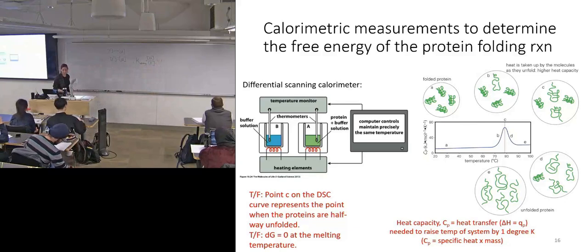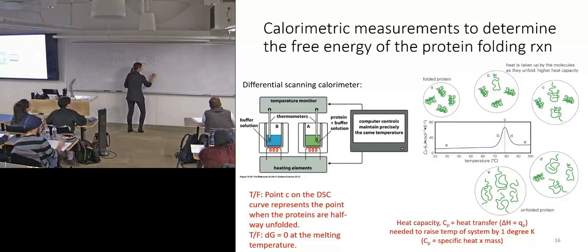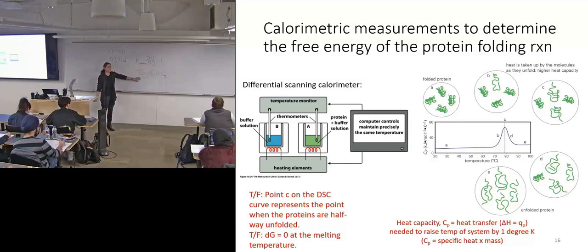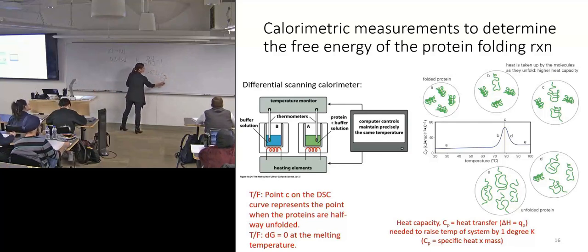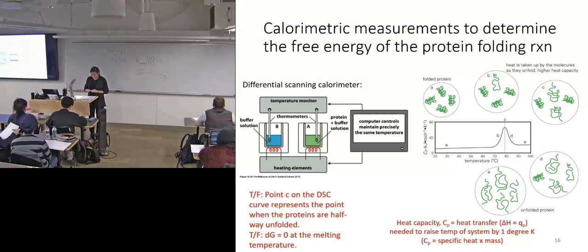Change in Gibbs free energy is 0 at the melting temperature. Okay, this was our relationship between an equilibrium constant and standard state change in free energy. If this piece is 1, this whole thing is 0, the change in free energy at the melting temperature is 0. So this one is true. Good job. Looks like everybody nailed it.